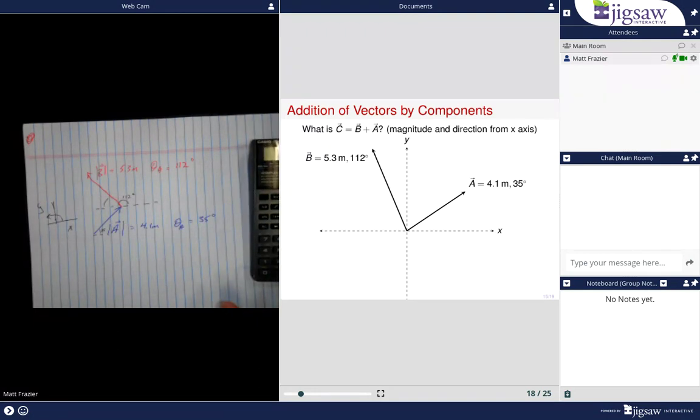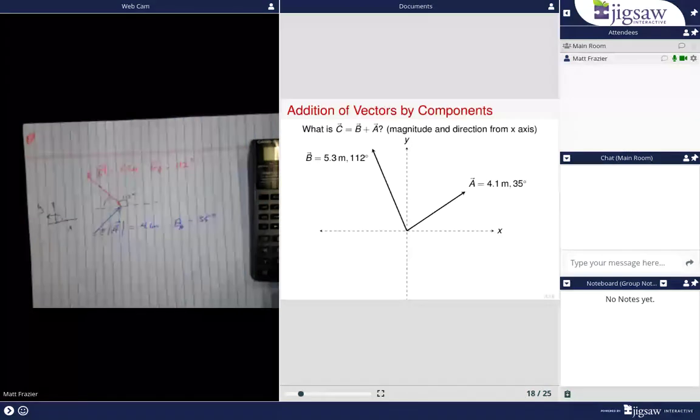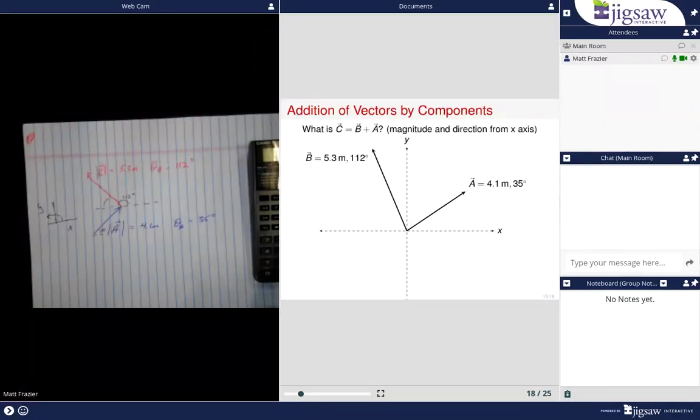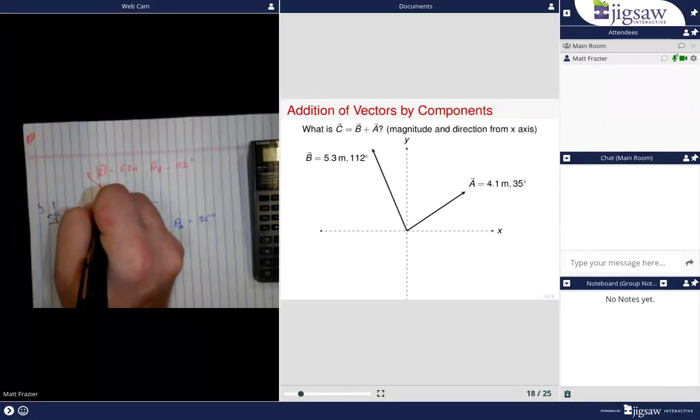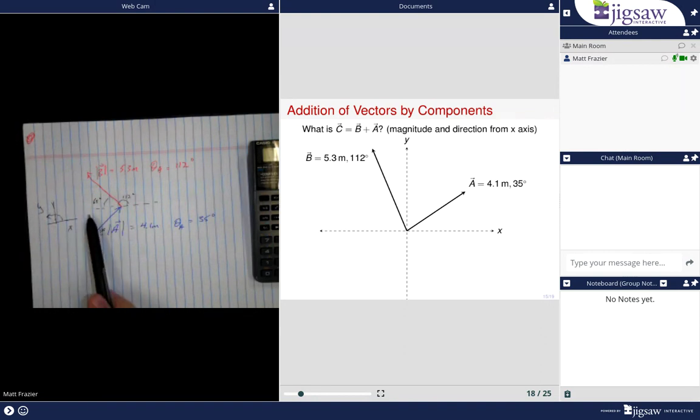Could be 68. Yeah, 68 degrees. And so it makes sense to try to get numbers smaller than 90 degrees, but it loses information.